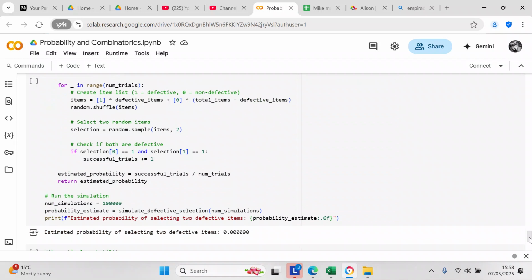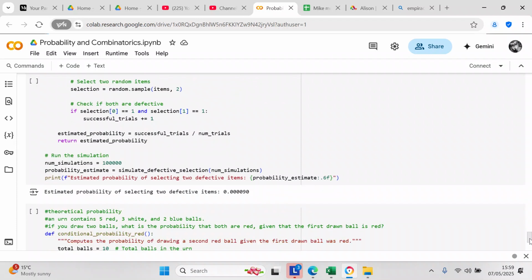Selection equals random.sample(items, 2), and then check if both are defective. If selection[0] equals 1 and selection[1] equals 1, successful trials equals successful trials plus 1. Estimated probability equals successful trials divided by num_trials, return estimated probability.